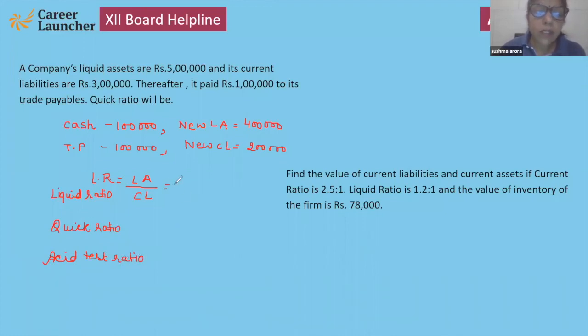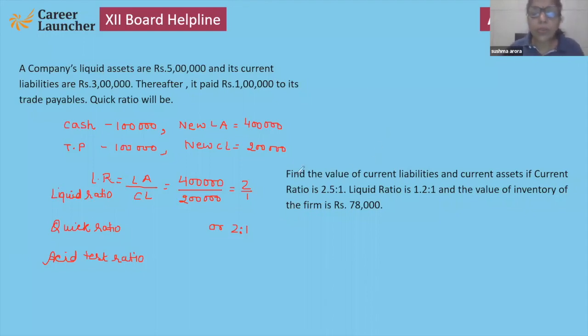So liquid asset here is given clearly 4 lakh, current liabilities 2 lakh. So it is 2 by 1, or we can say 2:1. When they paid 1 lakh rupees to trade payables, cash is reducing by 1 lakh, as well as liabilities also reduced by 1 lakh. Clear? New quick ratio will be 2:1.